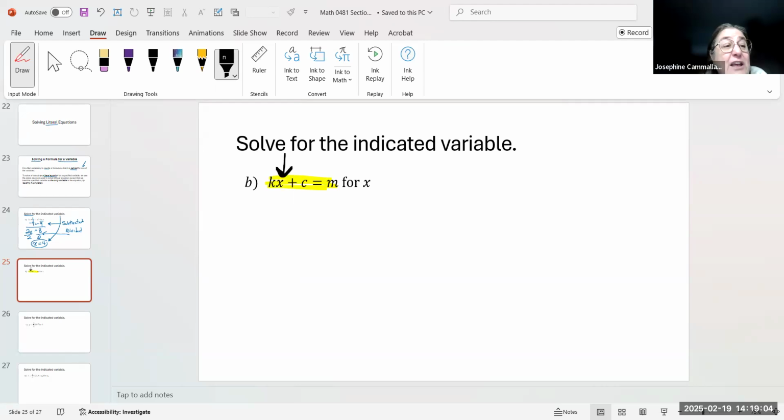So instead of having 2x plus 9 is equal to 17, I have kx plus c is equal to m. What's the first thing I'm going to do? I'm going to subtract c.